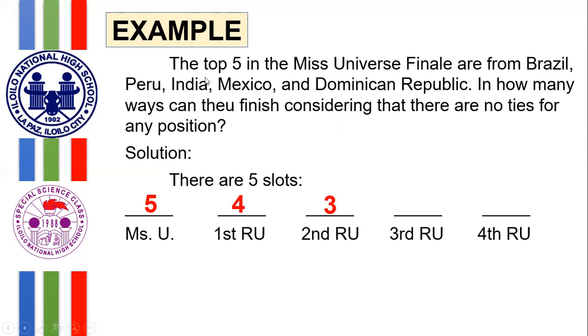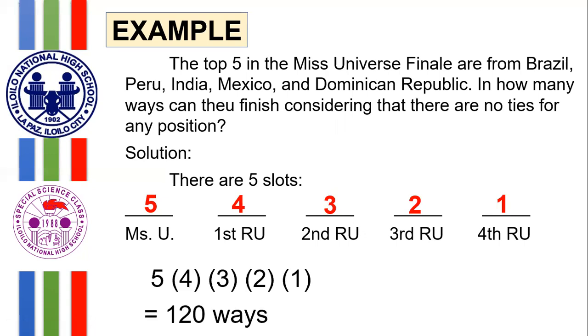And supposing India is the second runner-up, Mexico and Dominican Republic, there are 2 of them who will vie for the third runner-up. And if it's Mexico who won third runner-up, then Dominican Republic has no other option but to be the fourth runner-up. And that's 5 times 4 times 3 times 2 times 1, which is 120 ways.